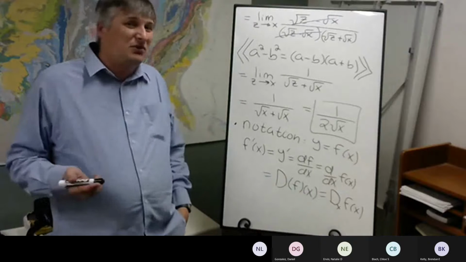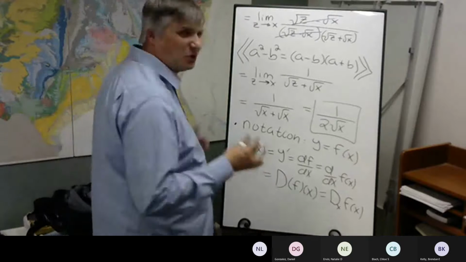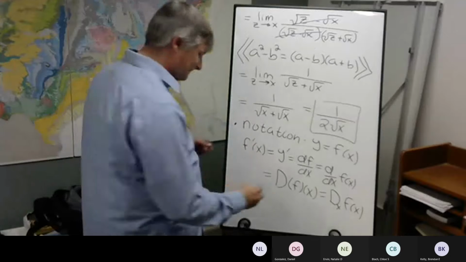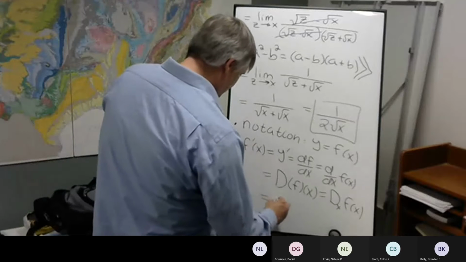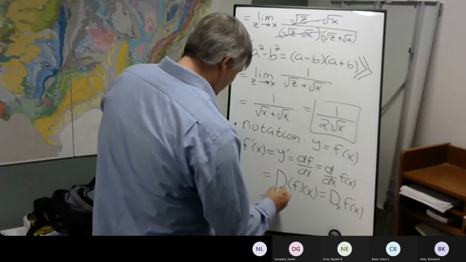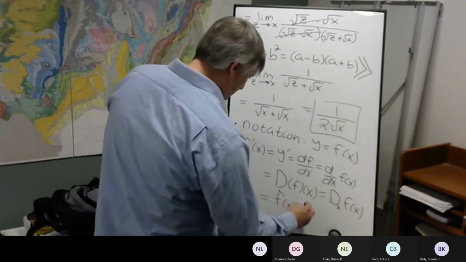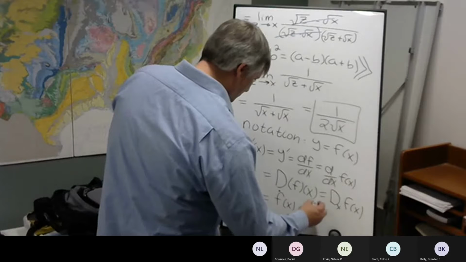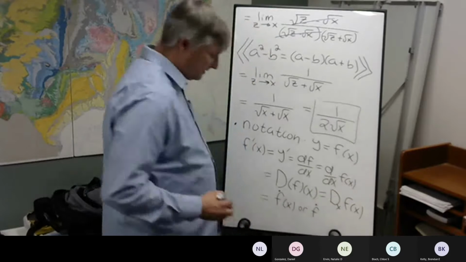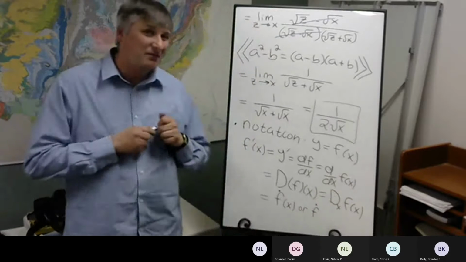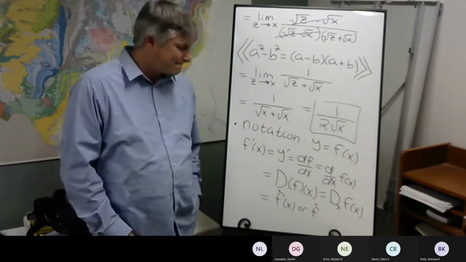Another one you'll sometimes see, kind of an old school way of doing it, is a dot. Sometimes if you have a dot over f, that can mean a derivative.